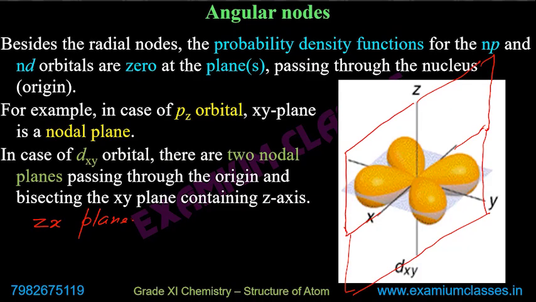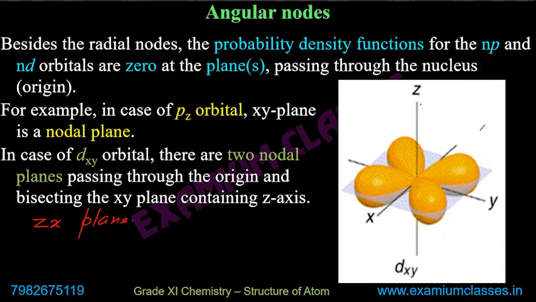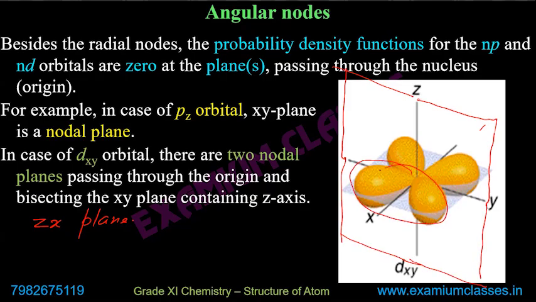This is one. Another one is this one. If you can visualize it in 3D, this plane also has these two lobes towards us and these two lobes on the back side of the plane.